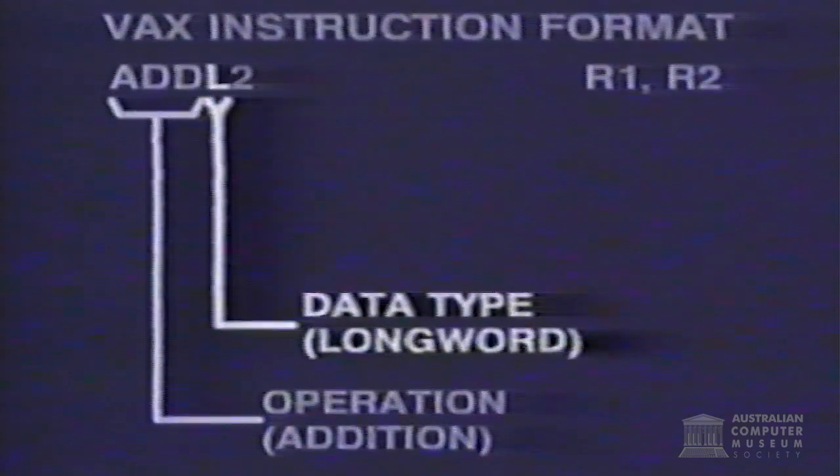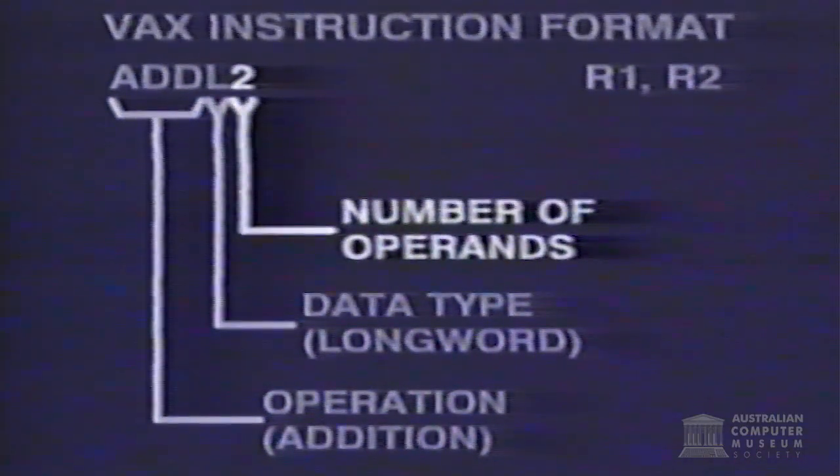The letter L specifies the data type, integer long word. 2 designates the number of operands referenced by this particular instruction. Arithmetic operations can be performed on 2 or 3 operands. The operator portion of this instruction then specifies that an add operation is to be performed on 2 integer long-word operands.